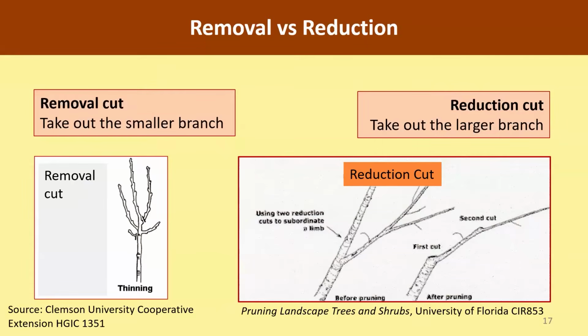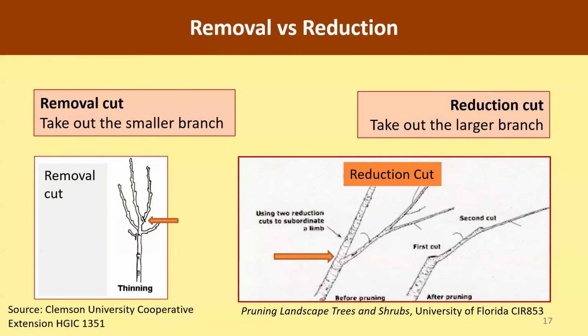On the surface, it looks like a removal cut. In fact, both cuts, reduction and removal, involve two branches where they come together. Reduction removes the branch that's upright and larger, and removal takes out the branch that's smaller.